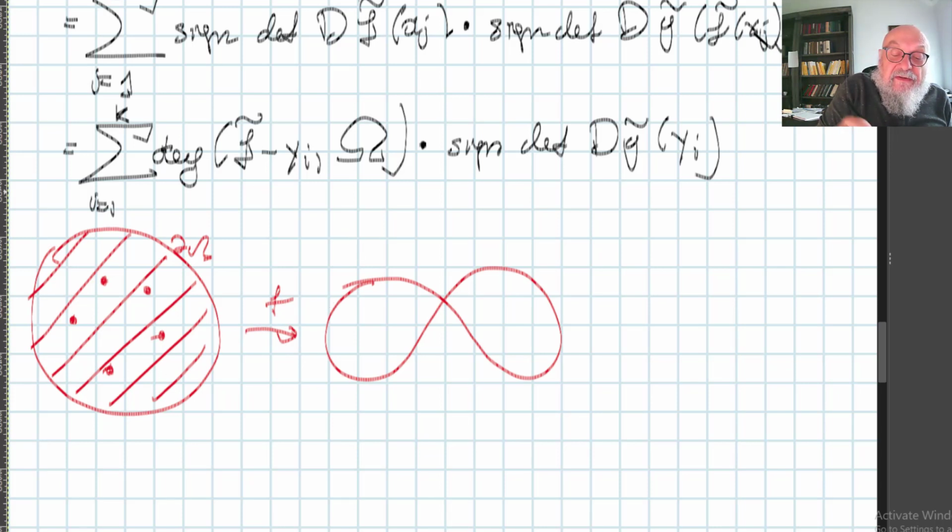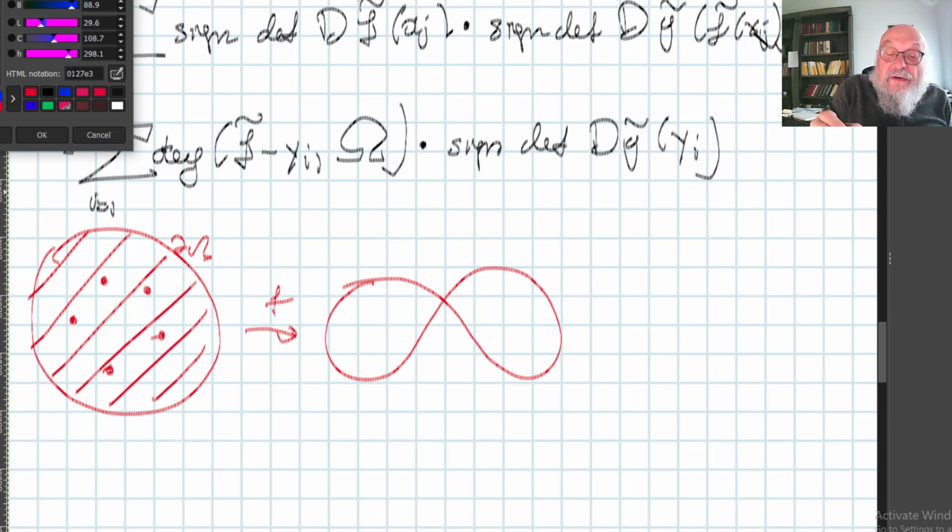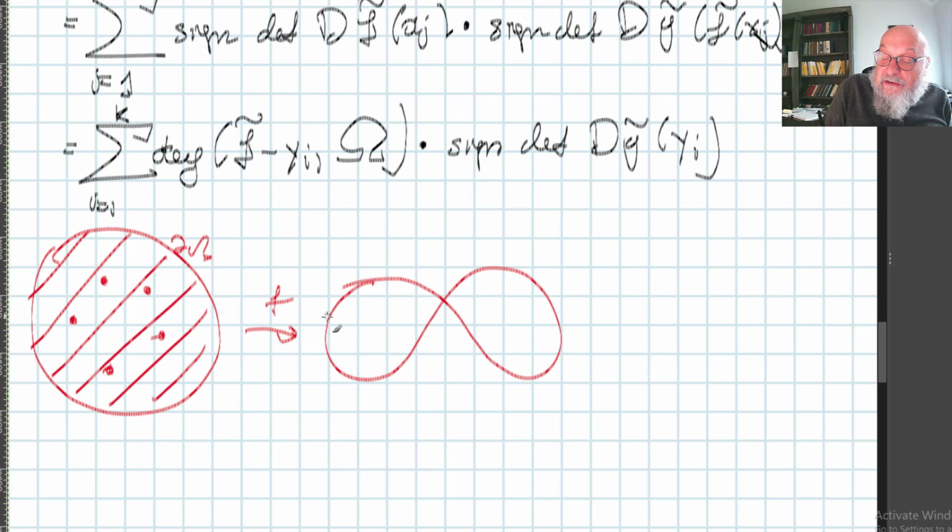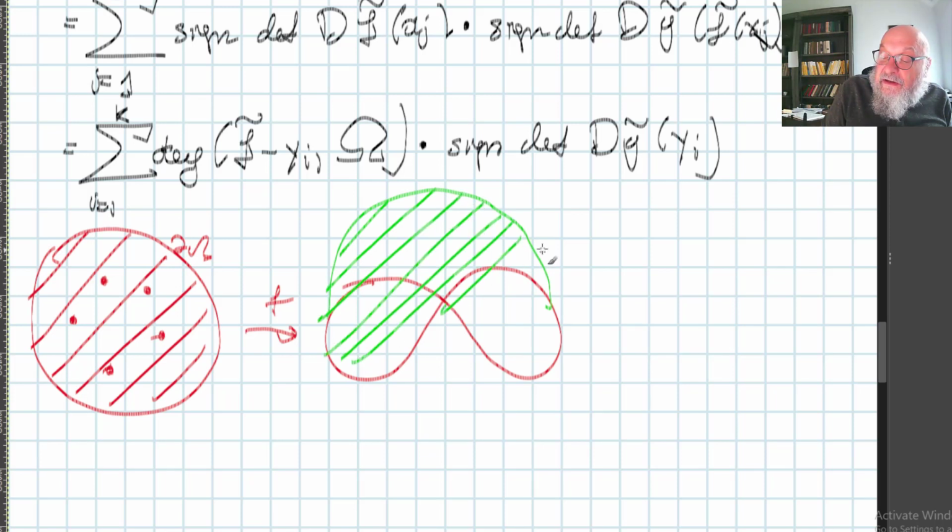This is the image. The red points are going here. So it kind of looks like that. That's the image.